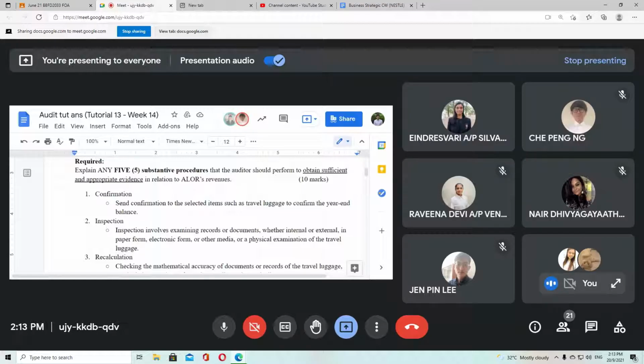The second procedure is inspection. Inspection involves examining records or documents, whether internal... This is the definition. I don't want the definition. Where is the procedure?